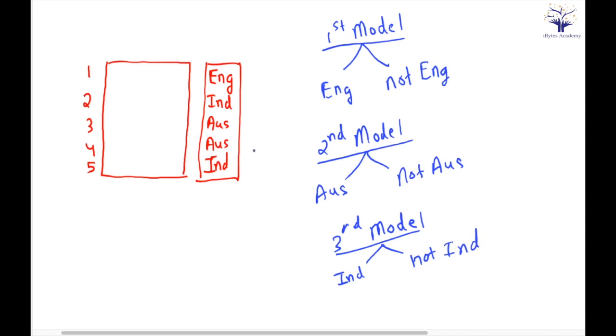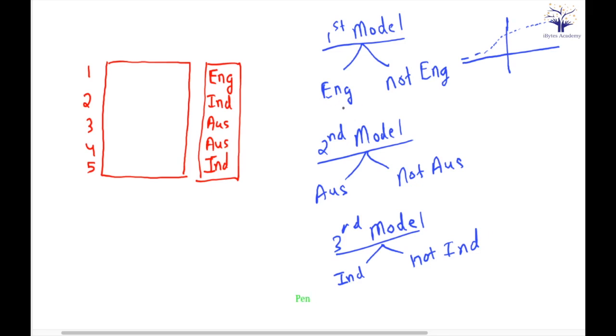So I have broken my model of three classes into three models with each having only two classes, right? So for my first model, I have only two classes, that is England or not England. So I can easily perform binary classification on my first model, right? Similarly, for second model, I can perform binary classification on Australia and not Australia. And similarly for third model, India versus not India.